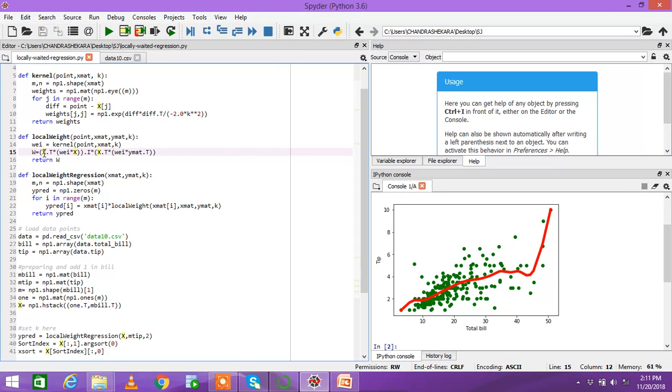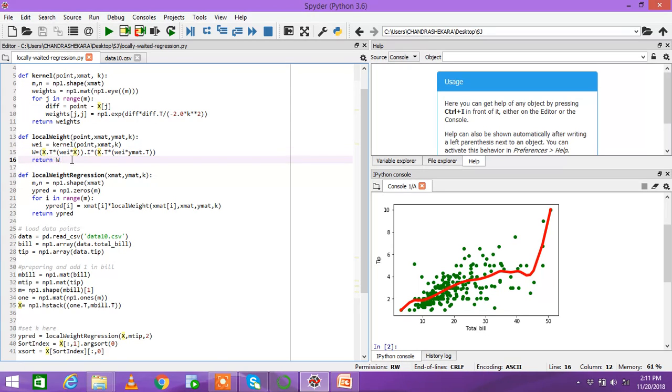So it is being multiplied: the transpose of x multiplied with the weight into the original matrix, the whole inverse, into transpose of x into weight into the transpose of y.